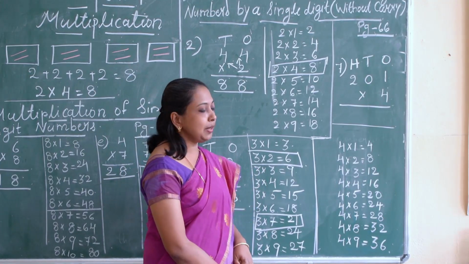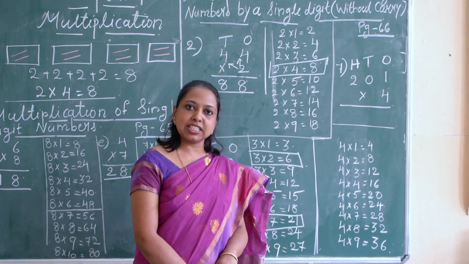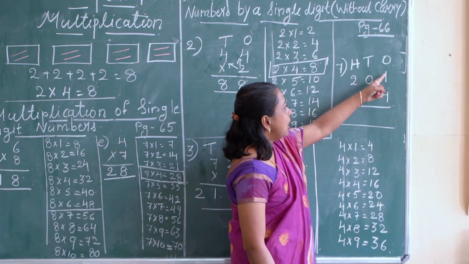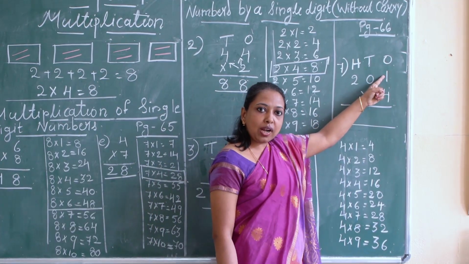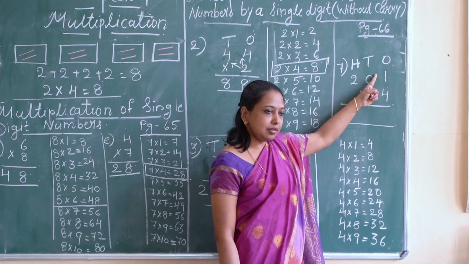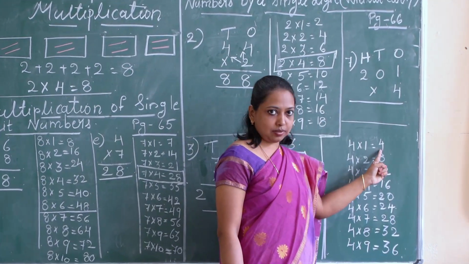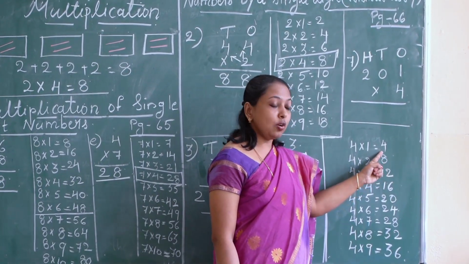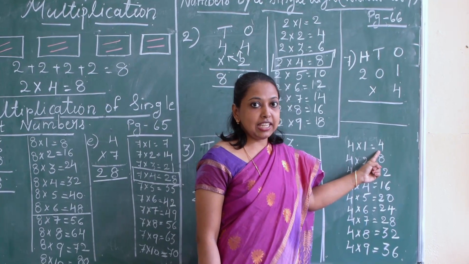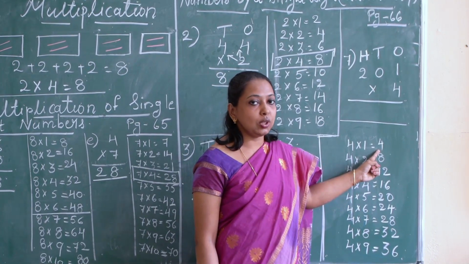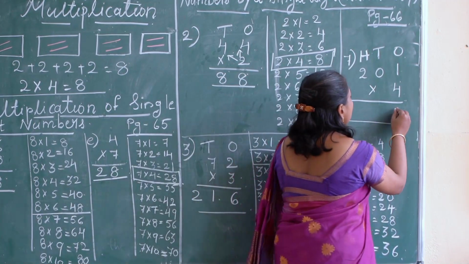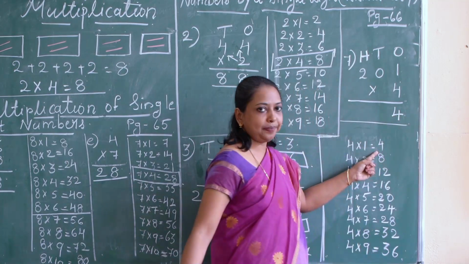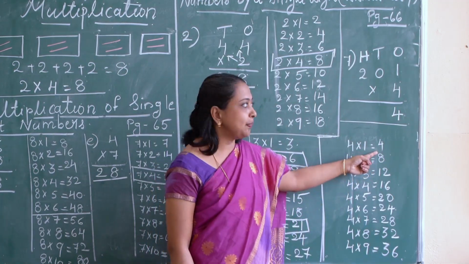First, 4 multiplied by the digit at the ones place. 4 multiplied by 1. 4 ones are 4. And always remember, any number multiplied by 1 is equal to the number itself. So 4 ones are 4. You can write it at the ones place.